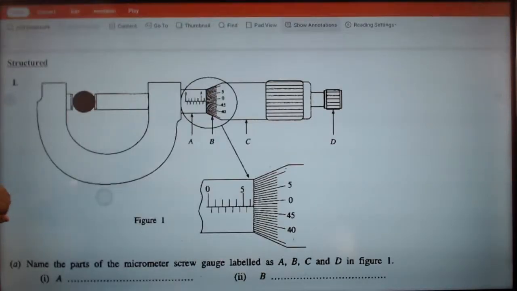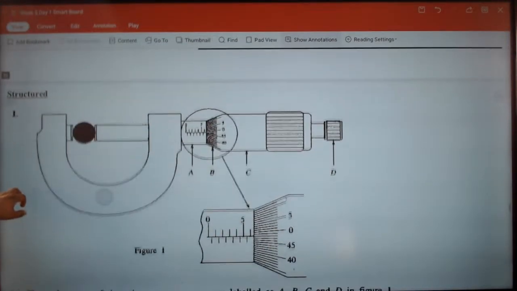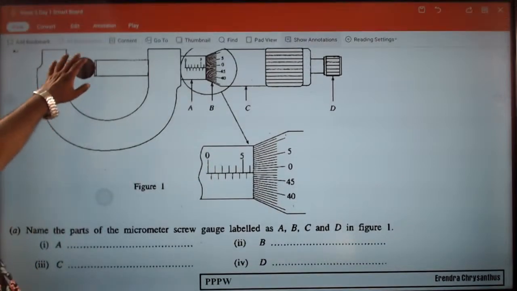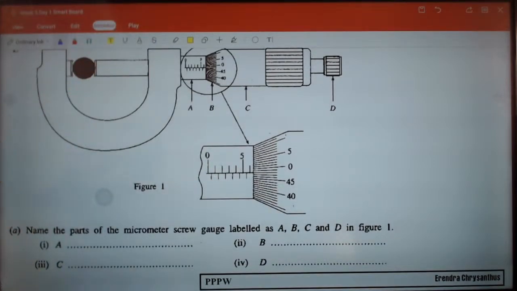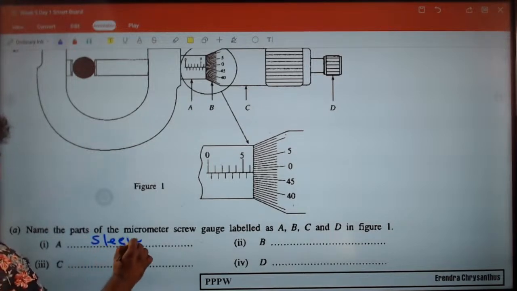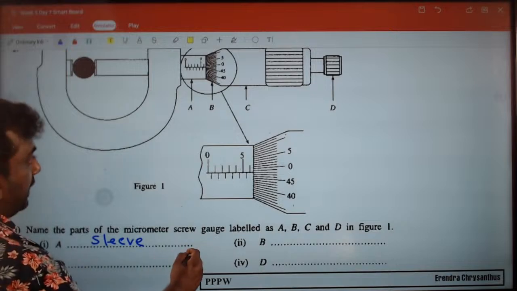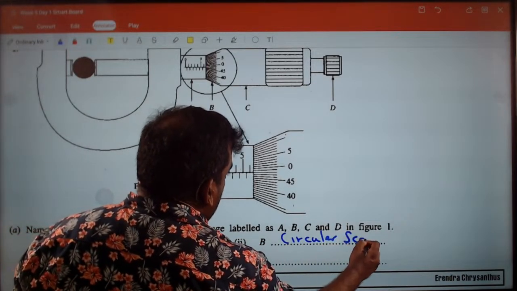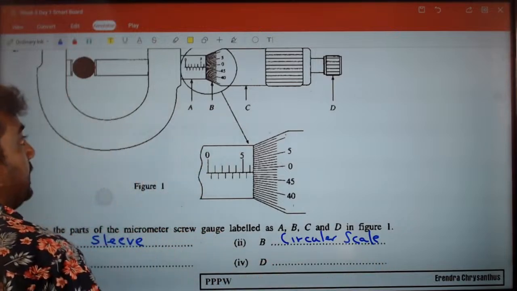Next one. So you can see a micrometer screw gauge. Name the parts of the micrometer screw gauge here. Right. What can you say? A, sleeve. B is circular scale. C is going to be thimble.